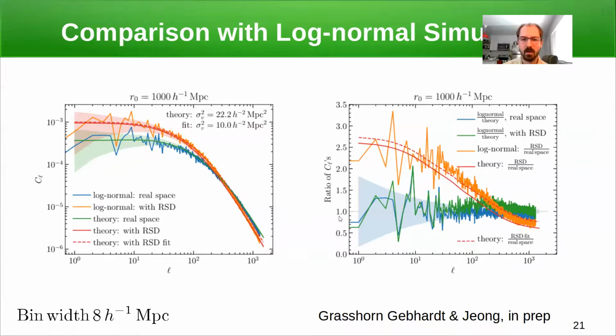You can see they match fairly well. And then in orange we only consider the log-normals and take the ratio of the redshift space to the real space log-normals. And the same in the solid red is for the theory. So we can see that, okay, it doesn't match perfectly, but it is a decent match to the log-normal simulation.